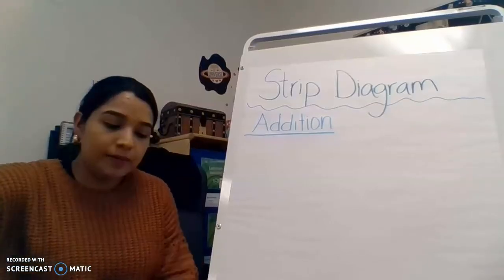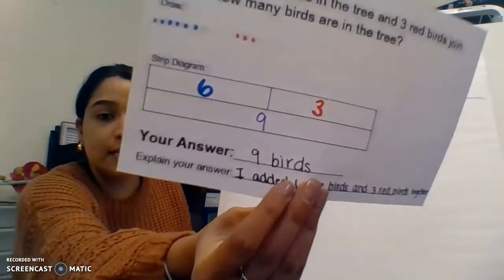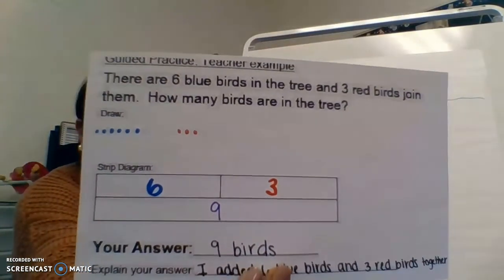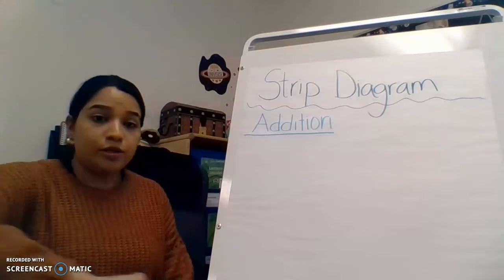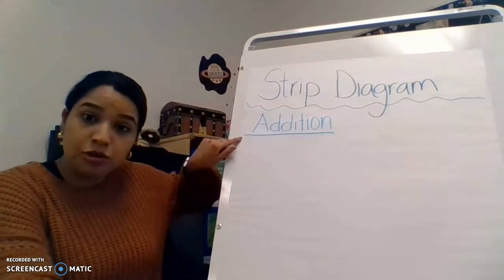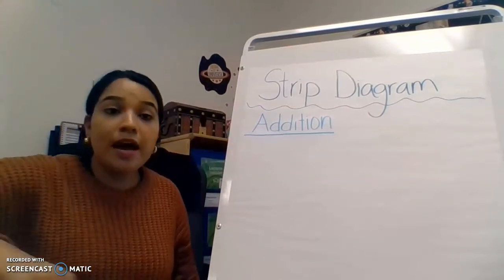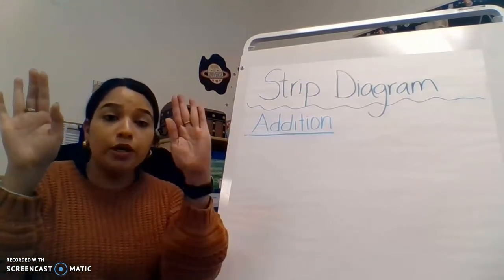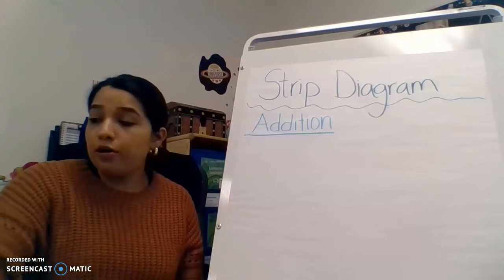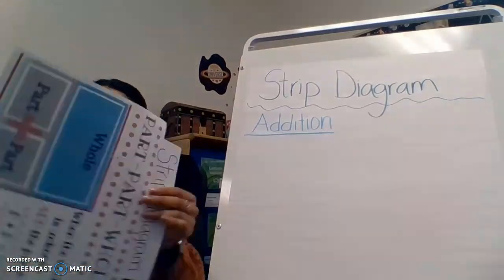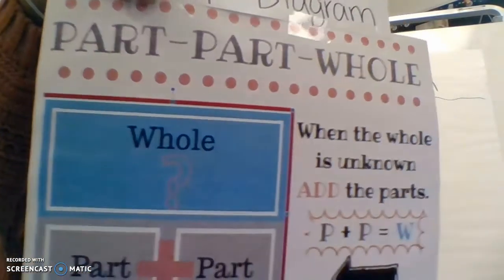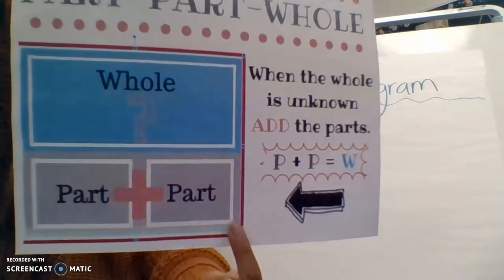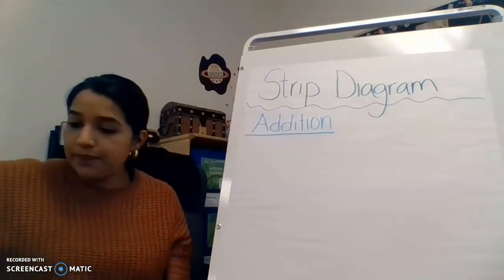Our word problem, we had 6 bluebirds and 3 red birds. So for our addition strip diagram, we have to add part. So we add our 2 parts in order to get our whole, which we can see on our vocabulary word. So we add our two parts in order to get our whole.